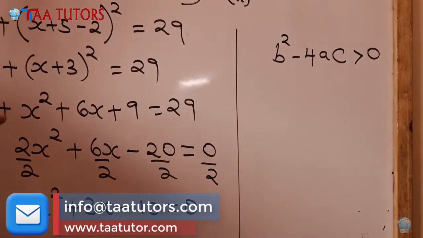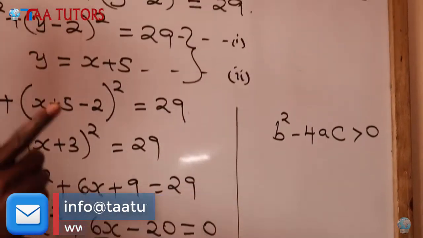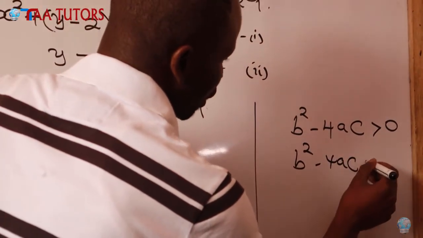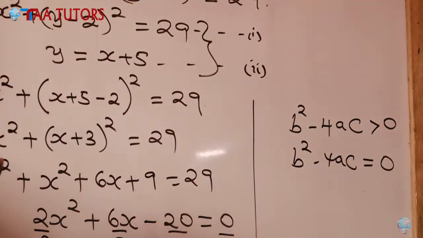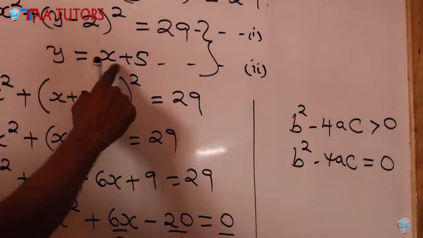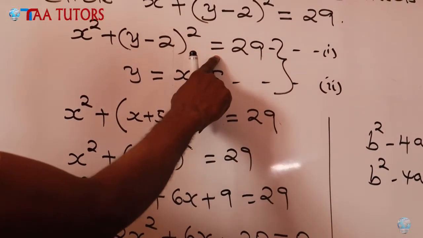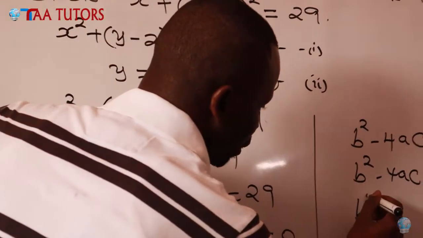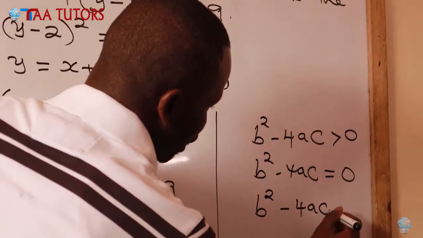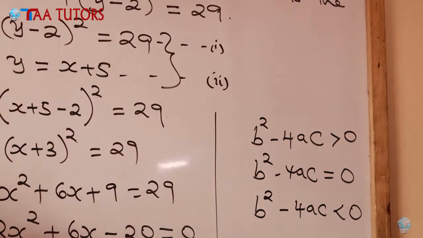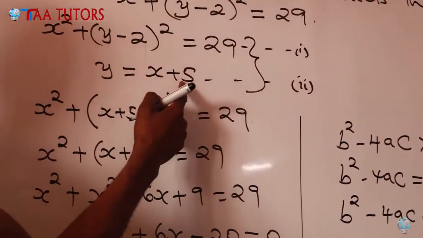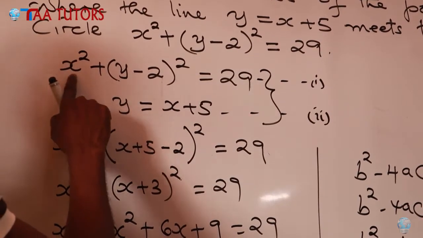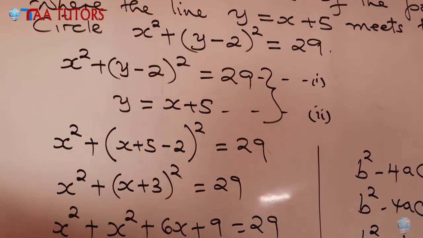It means that this line is intersecting the circle at 2 particular points. But if b squared minus 4ac, the discriminant, equals 0, then the line y equals x plus 5 intersects the circle at only 1 point. But if the discriminant is less than 0, then the line y equals x plus 5 does not intersect the circle with the equation x squared plus y minus 2 squared equals 29.